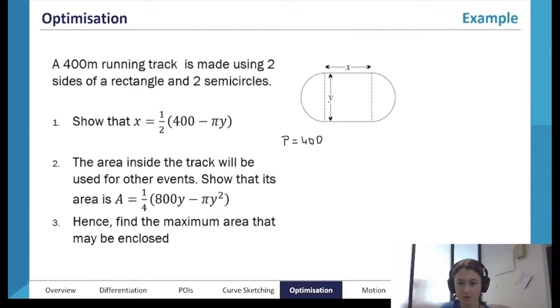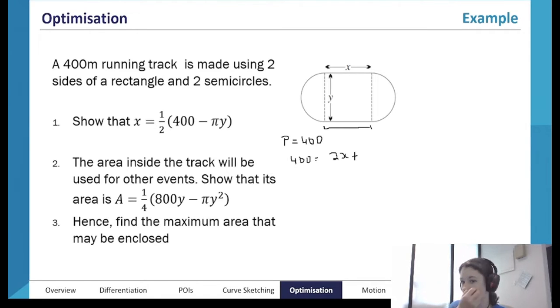So what we can do here is express this in terms of the perimeter. So we are going to have 400 equal to 2x, because we have these 2x values here making up our perimeter. And now we're also going to have to include the circumference of these two semicircles.